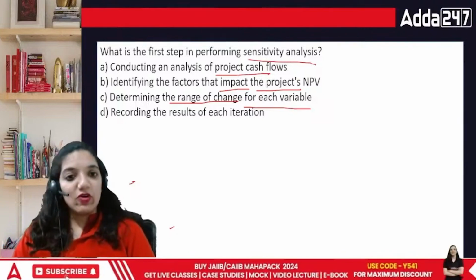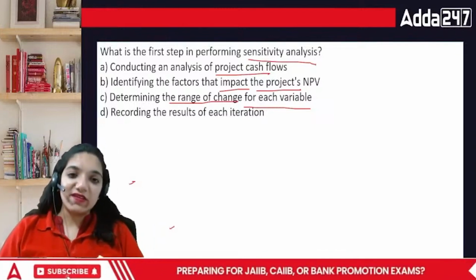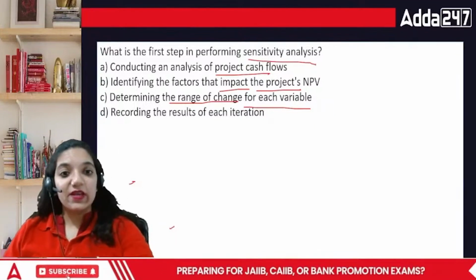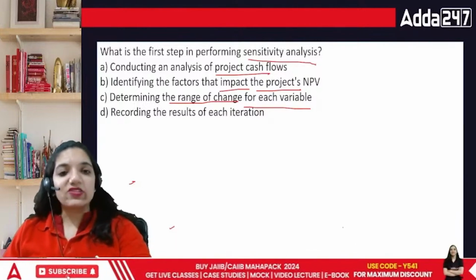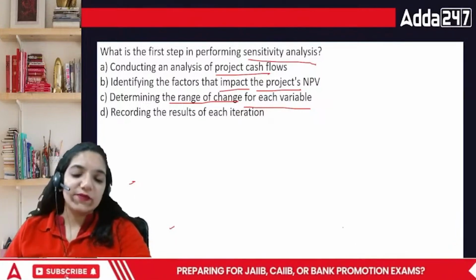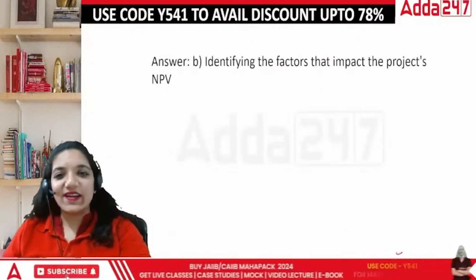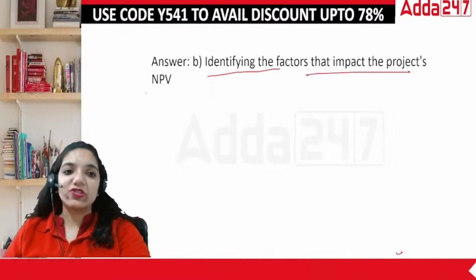Whether it's required for a longer period or shorter period, all those things have to be studied. So in this case, conducting an analysis of the project, identifying the factors, what is more important? I think the most important thing is identifying the factors which can impact the project.